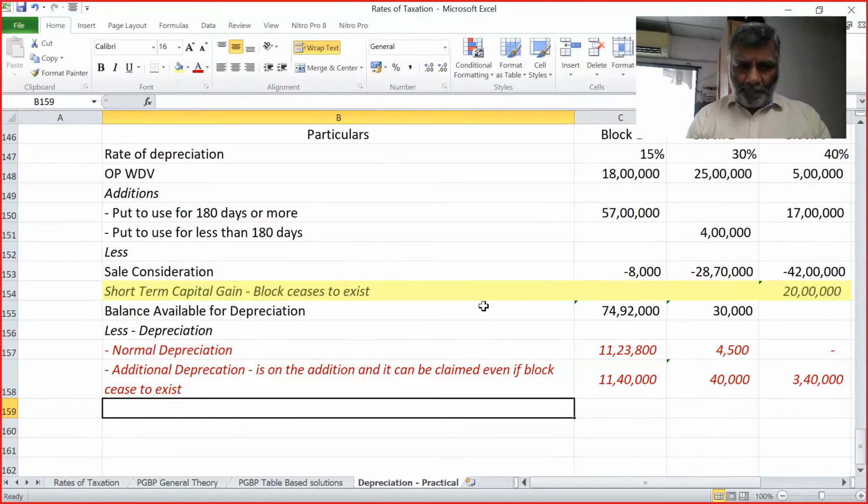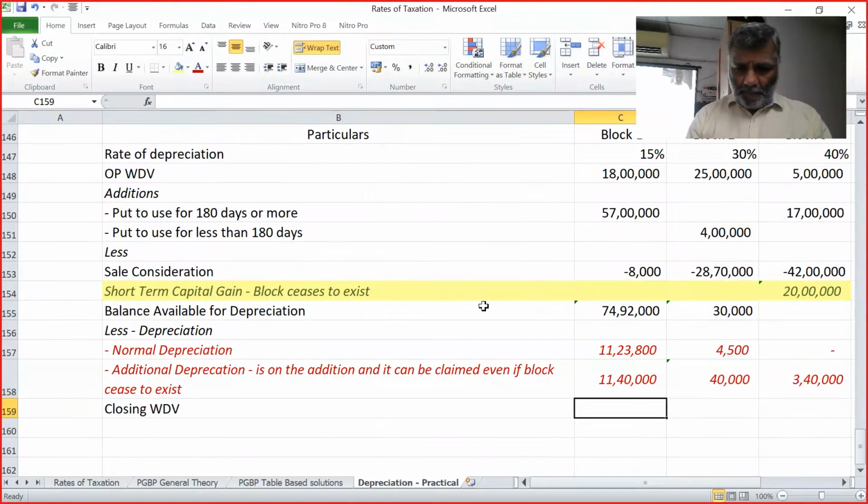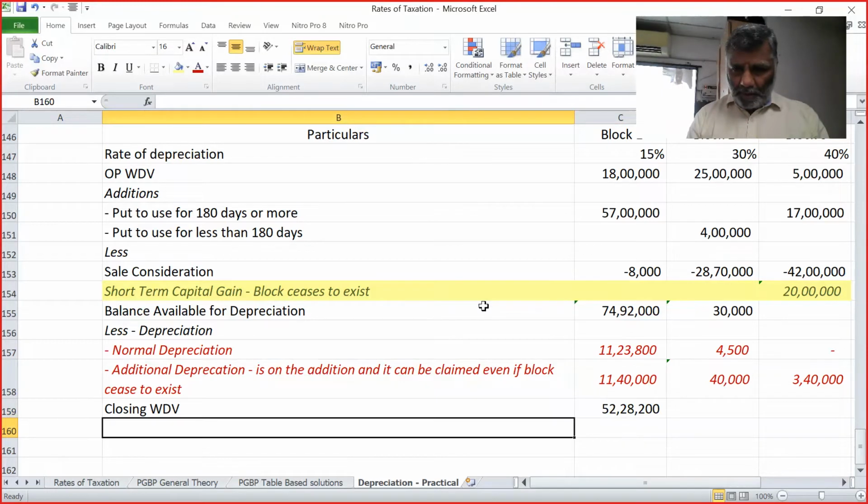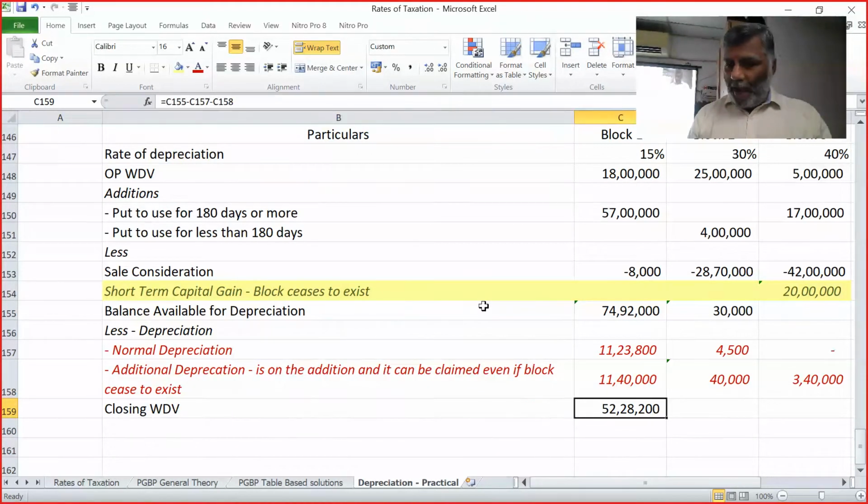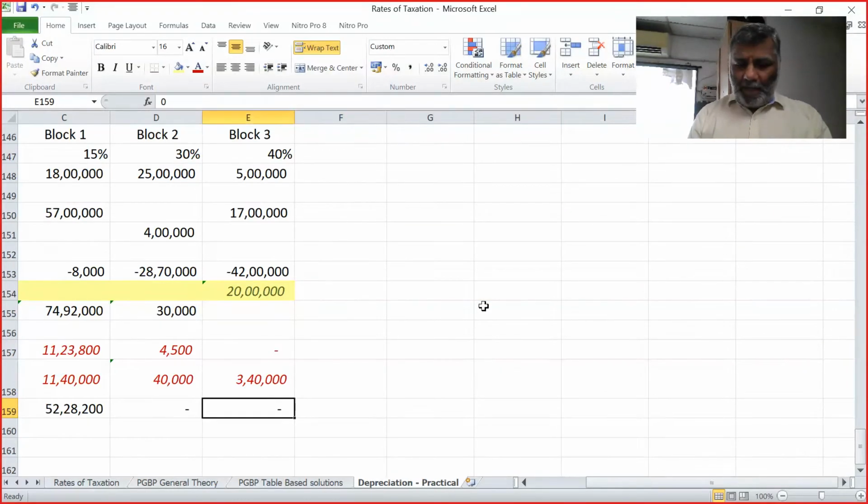Closing WDV for block 1 will be 52 lakh 28,200. For block 2 and block 3 it will be nil.